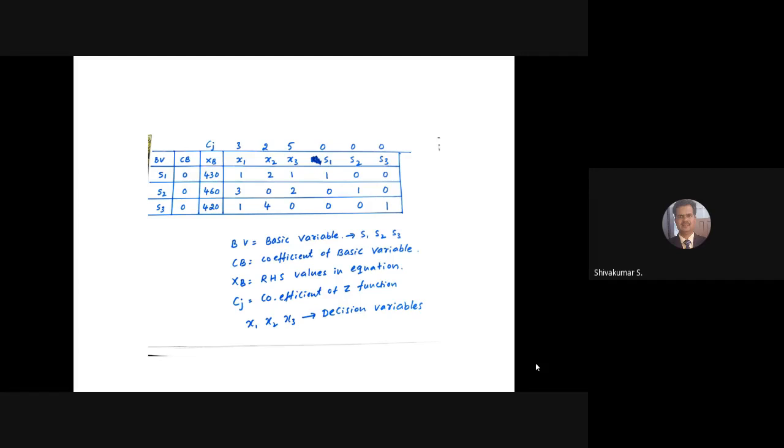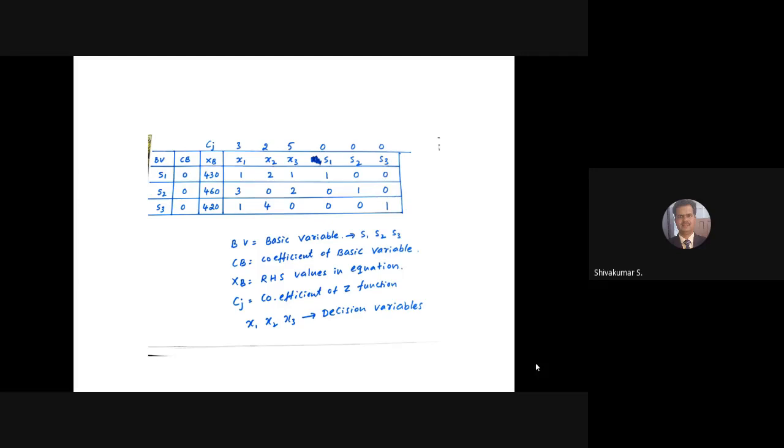Remember here, you have 1, 2, 3, 4, 5, 6, 7, 8, 9. You just make 10 columns now, and 4 rows.